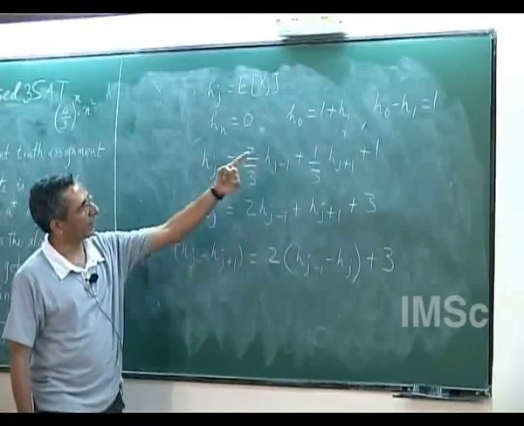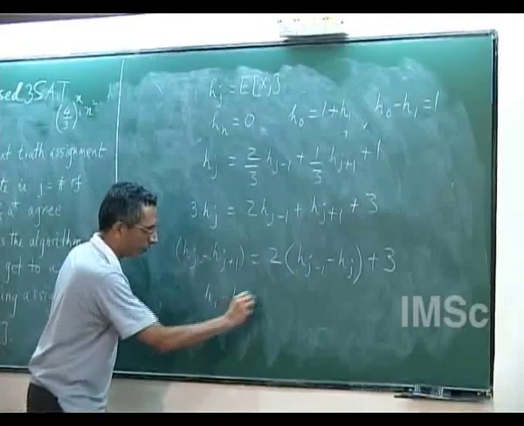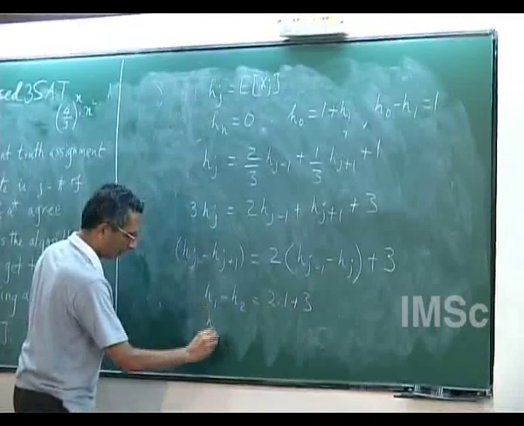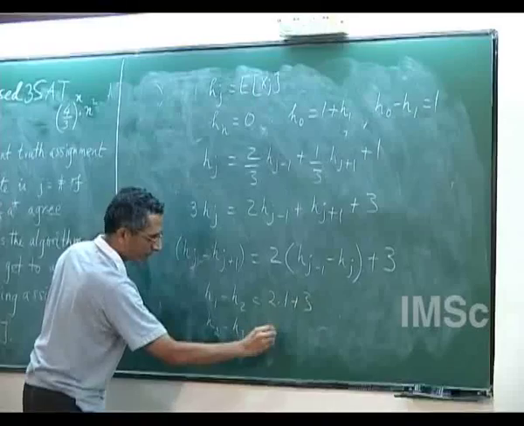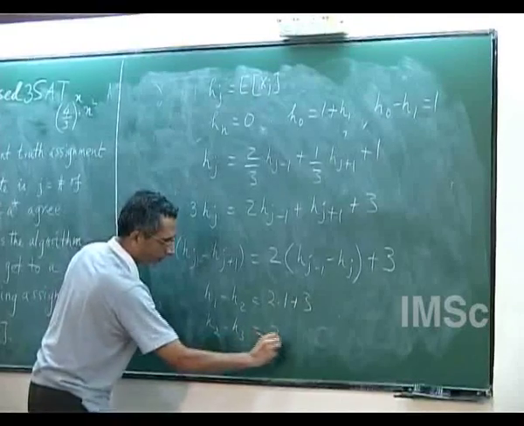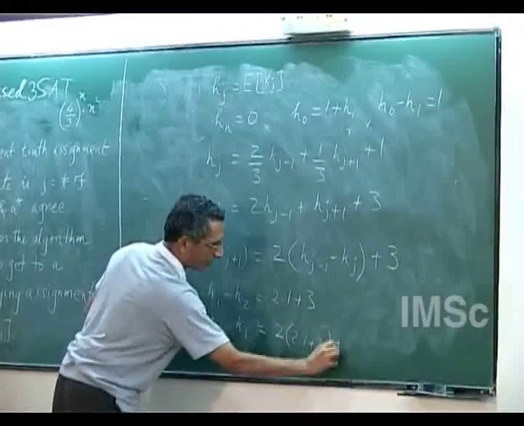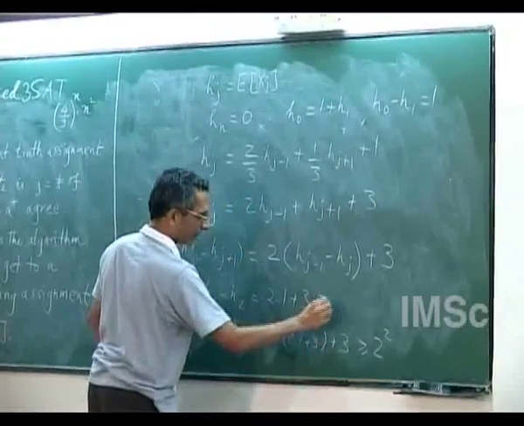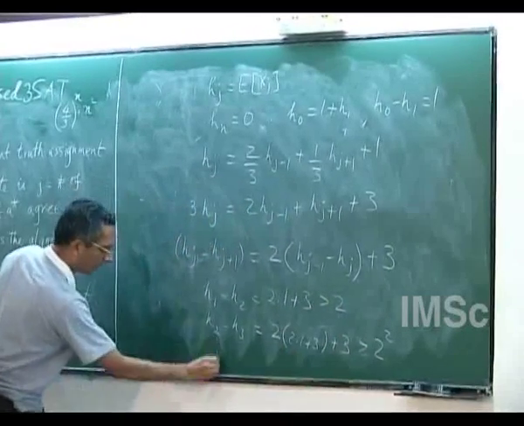You plug in h_0 minus h_1 here, you get h_1 minus h_2 is 2 times 1 plus 3. And then you will get h_2 minus h_3 is 2 times this, 2 times 2 into 1 plus 3 plus 3, which is at least 2 squared, more than 2 squared, and so on.